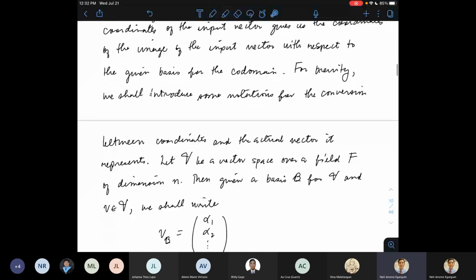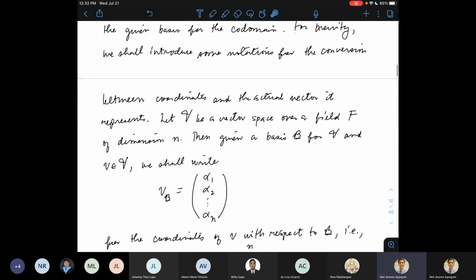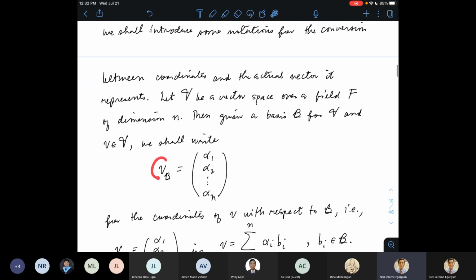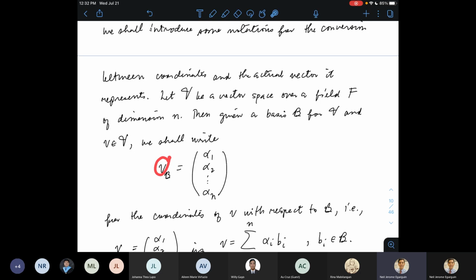Now, I introduced some notation here just to have a shorthand dun sa conversion mula sa vector papunta dun sa coordinates. So, pag meron akong vector V, okay, tapos nilagyan ko siya ng subscript curly B, ibig sabihin kukunin ko yung coordinates ni V with respect to the basis B. So, ang sagot sa V sub B ay element ng F to the n.